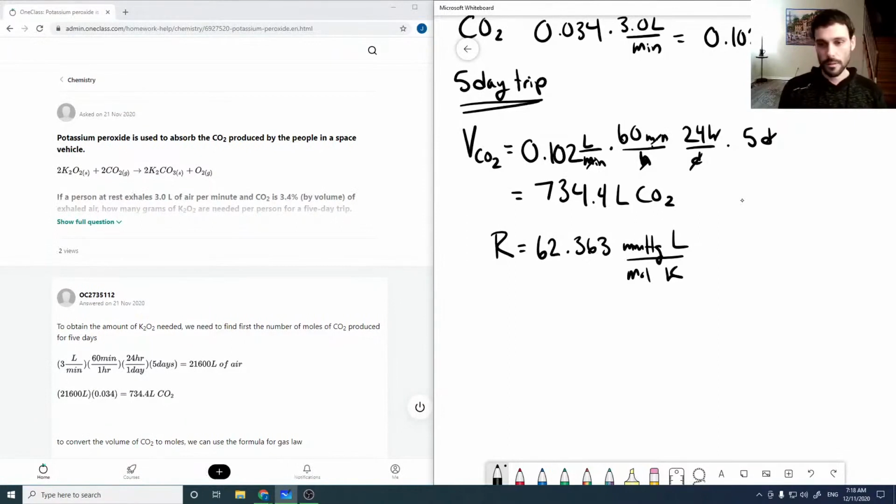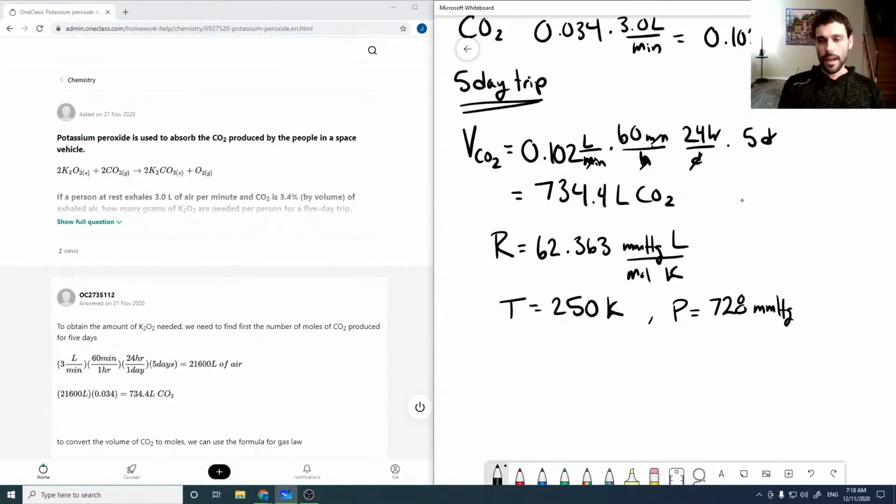Our temperature is 250 Kelvin, which is extremely cold. It's like negative 20-some degrees, but okay. And our pressure is 728 millimeters of mercury.